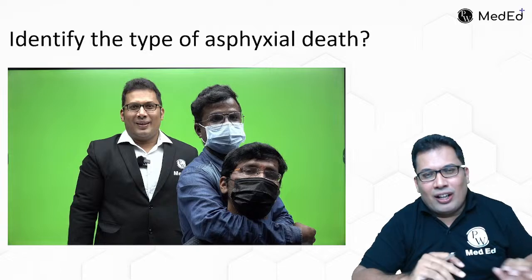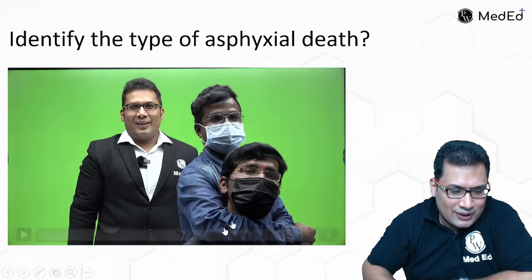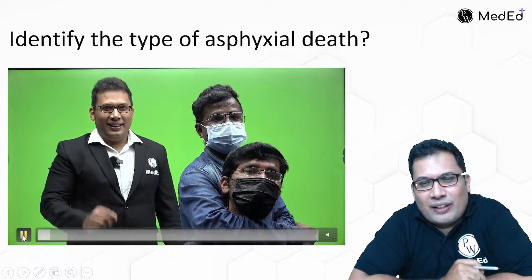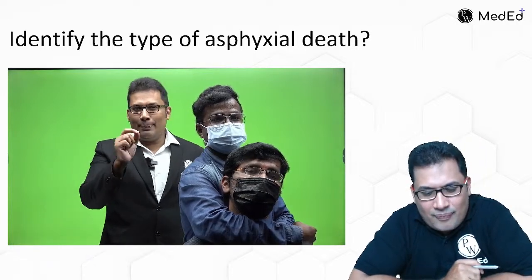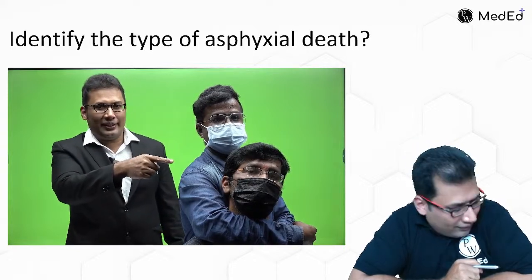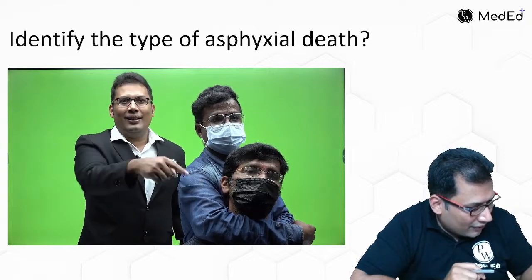Now you need to identify one asphyxial death here. Let's see who is going to identify this asphyxial death. There is a demonstration of asphyxial death. What is this asphyxial death? A type of strangulation. Anyone?